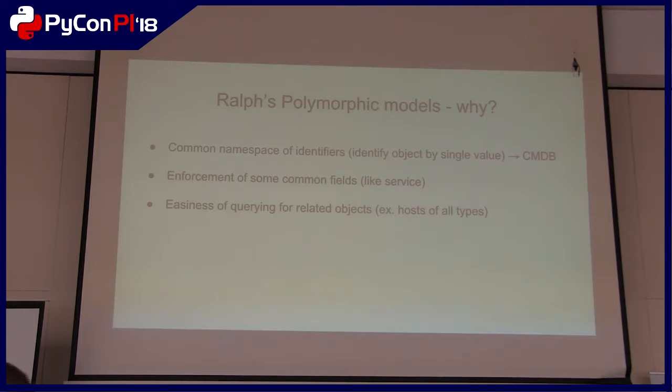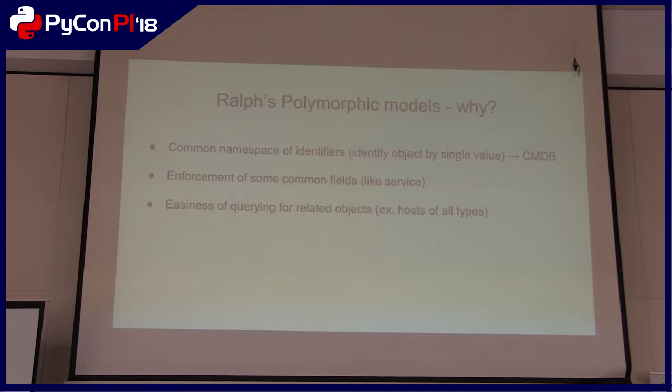One of them is the name of the model, and the second one is the identifier of this model. We didn't want to use it. We want just a single field to store information about the identifier of this model and be able to identify a particular object by a single value.